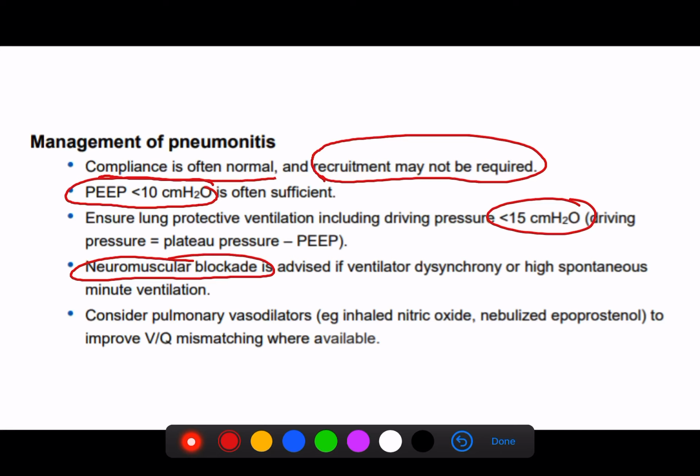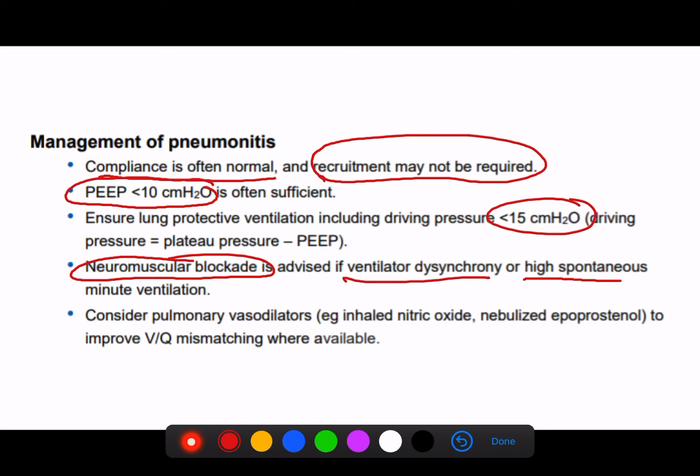Nothing in intensive care comes for free, and of course by doing so you do run the risk later on of these patients being quite profoundly weak. But I think if you've got dyssynchrony, until you've gone through the whole process of managing what the dyssynchrony is due to, it's easiest and probably safest for the patient to give them a neuromuscular blockade.